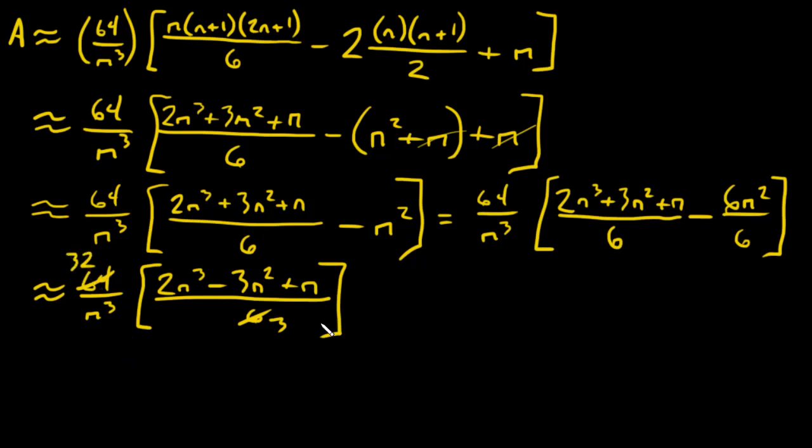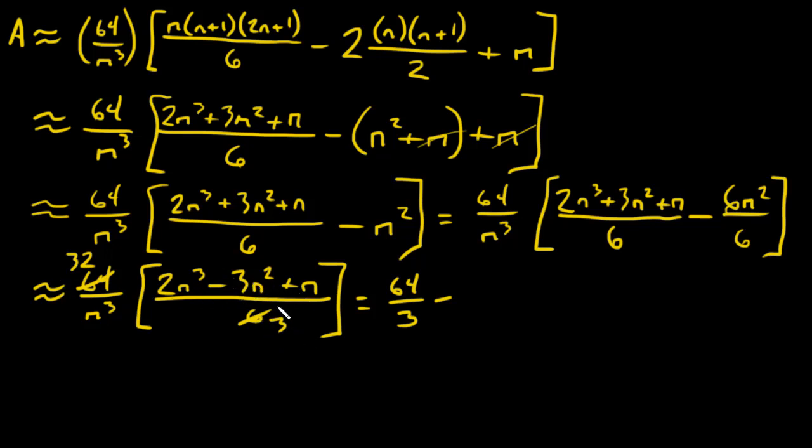All right, so it's now time to kind of distribute things. I'm going to have 32 over n cubed times 2 over 2n cubed. The n cubes are going to cancel. One will be left with 32 times 2 is 64 over 3. And then minus 32 times 3 over 3, so those 3's will cancel.